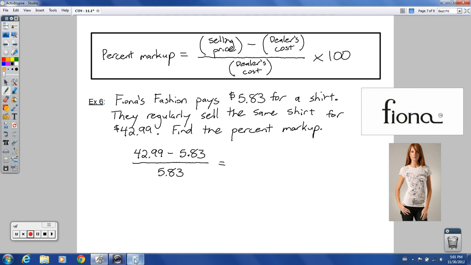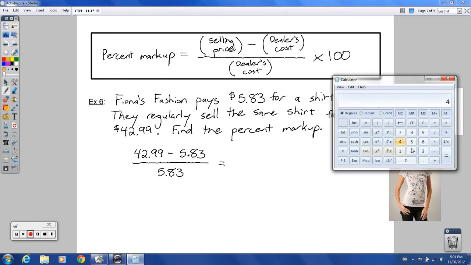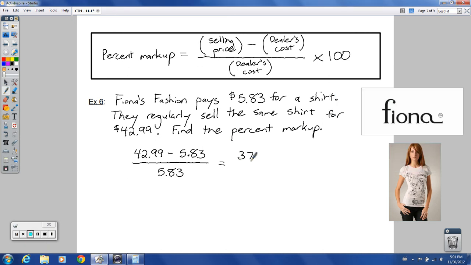What does this equal? You can't do that in your head. You should take out your calculator and take $42.99, subtract $5.83 from that. $37.16 is what that is. So that's how much it went up by. That's from the dealer's cost to your cost. They're charging you $37.16 more than what they paid for it from the manufacturer.